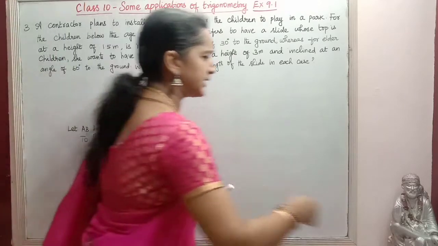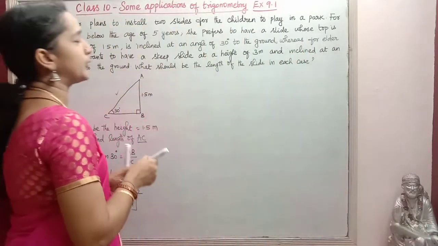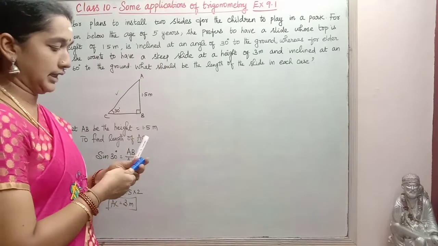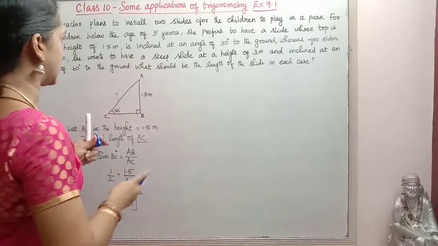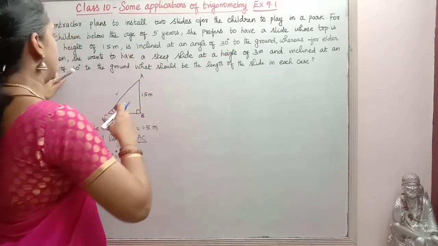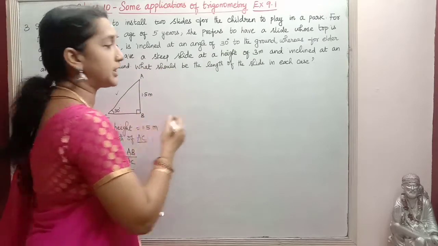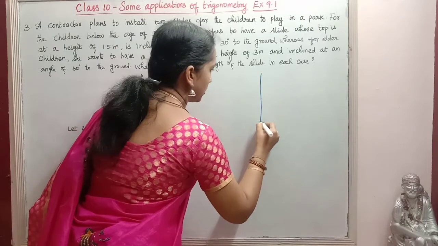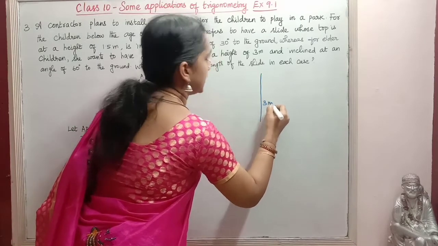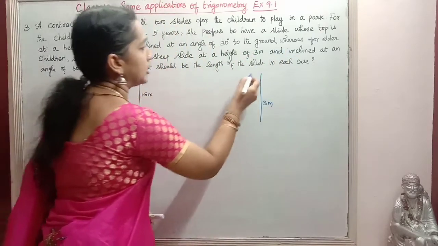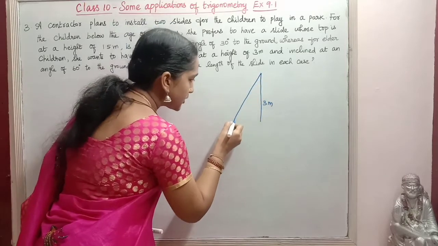Then in the same way we are asked to do for the other one, that is for the elder children. For the elder children, she wants to have a steep slide at a height of 3 meter. So for the other one, the height is 3 meter and it is inclined at an angle of 60 degree. So it will be steep.